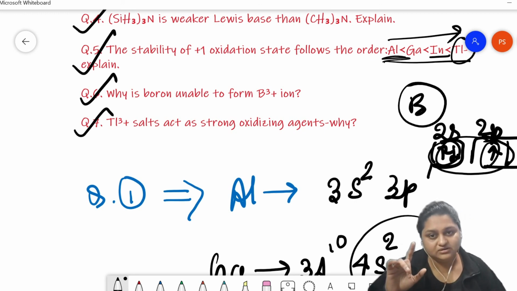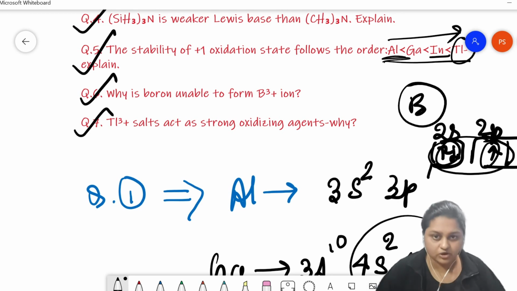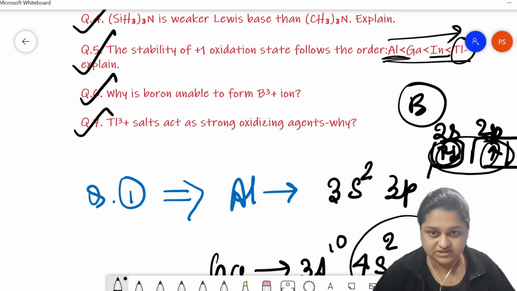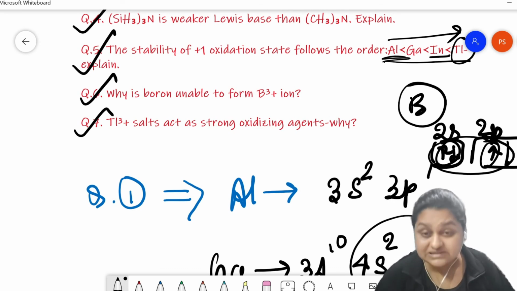The 2 electrons in the s orbital become almost inert. So to produce the +3 oxidation state, the total of the 3 ionization enthalpies for thallium is so high that the +3 oxidation state becomes excessively unstable for thallium.